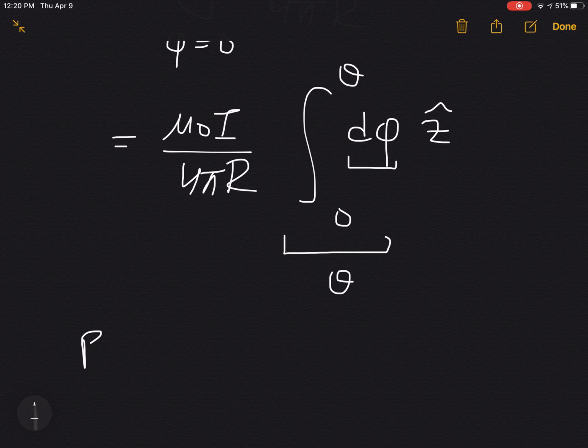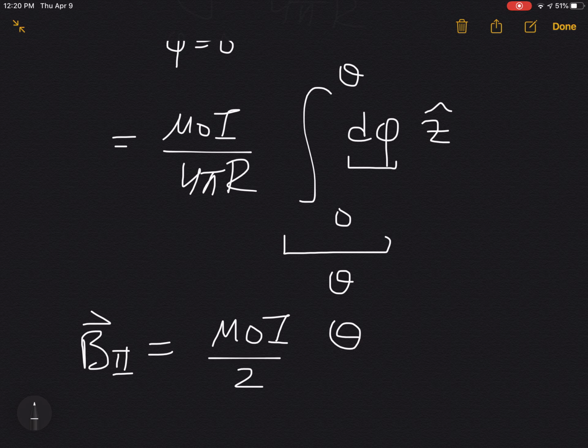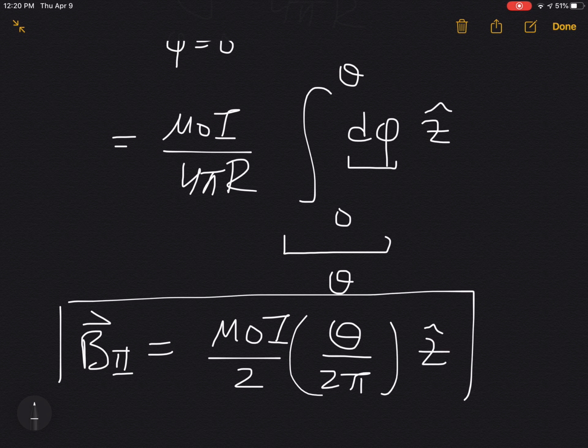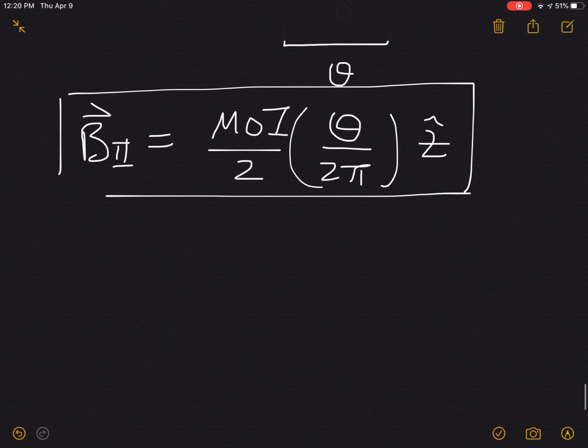So you get that B2 is equal to mu naught I over 2 times theta over 2 pi in the z hat direction. So that is the result that we are interested in. The theta over 2 pi is the proportion of the circle that's included in the wire segment.